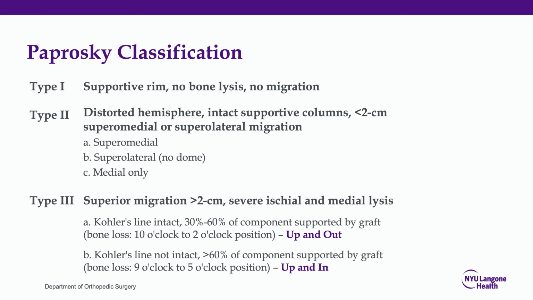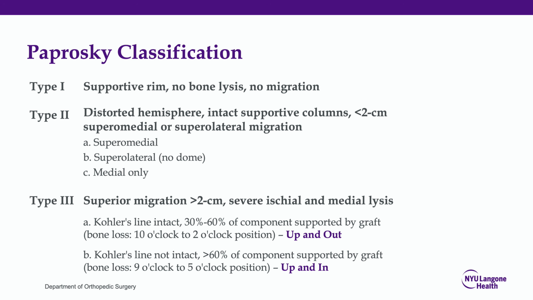So within type 2, you've got superomedial, superolateral wear patterns, as well as a medial-only wear pattern. And with your type 3 defects, you've got the classic up and out, which is substantial bone loss greater than 2 centimeters with severe ischial and medial lysis, and the hip center is going up and out.